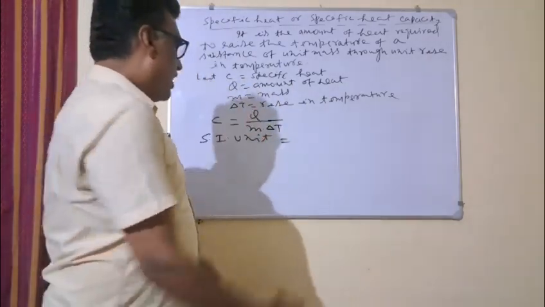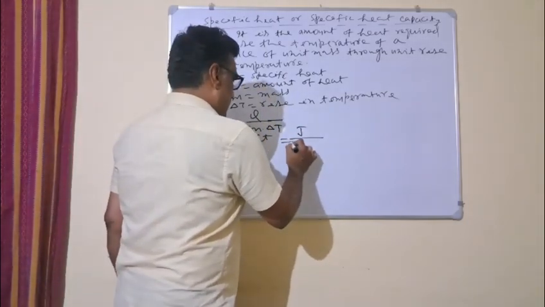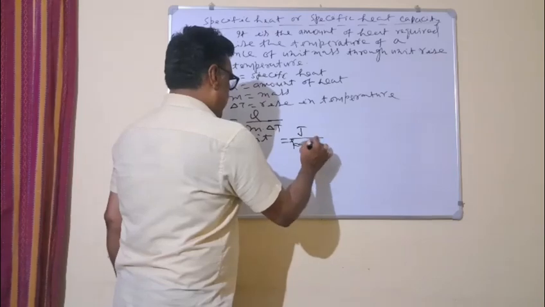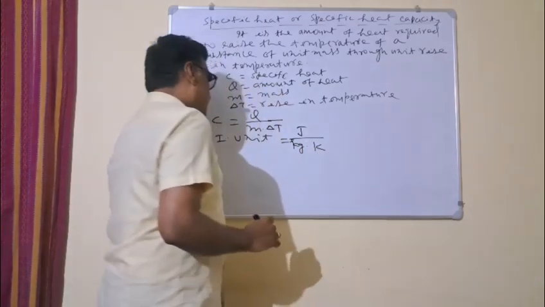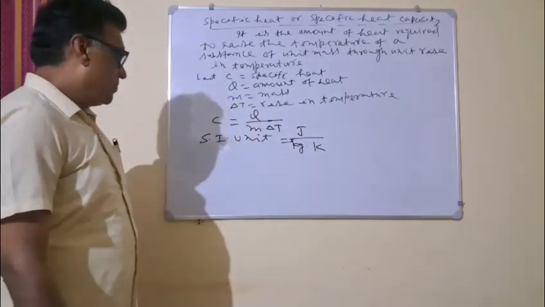Q का SI यूनिट जूल होता है, m का kg, and delta T means Kelvin. Then SI unit of this C is joule per kg Kelvin.